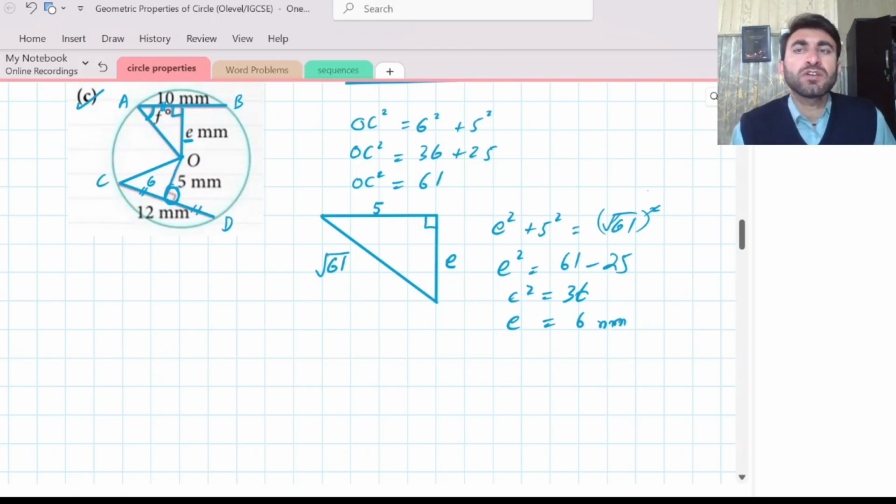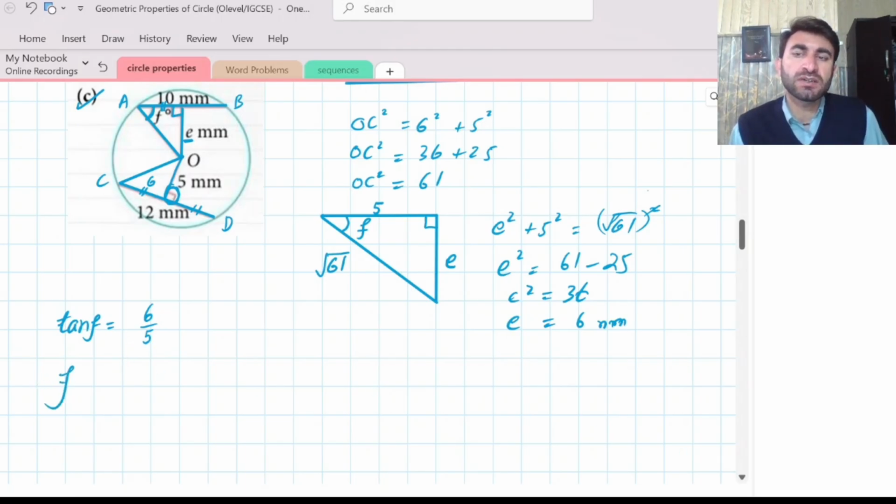And now coming to the value of angle F, we know angle F is over here, and we have all three sides. We have the hypotenuse square root of 61, we have its adjacent which is 5, we have its opposite E which is 6. So we can use any of the three trigonometric ratios. I am going to use the tangent. So tangent F shall become 6 upon 5. 6 is the side opposite to that angle and 5 is the side adjacent to that angle.